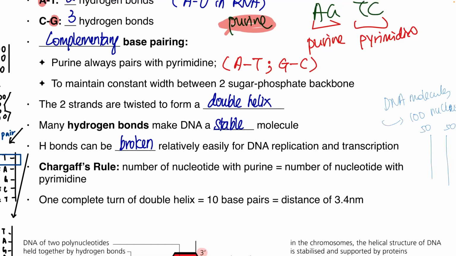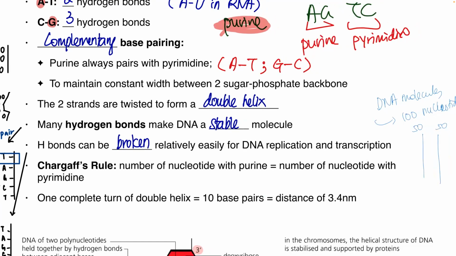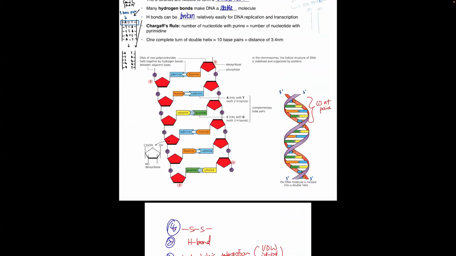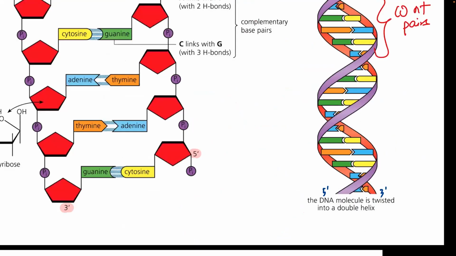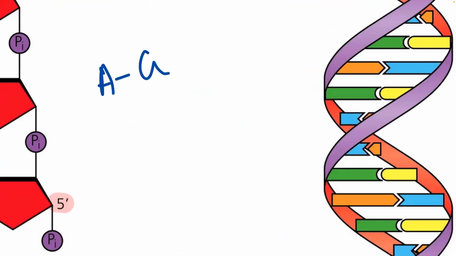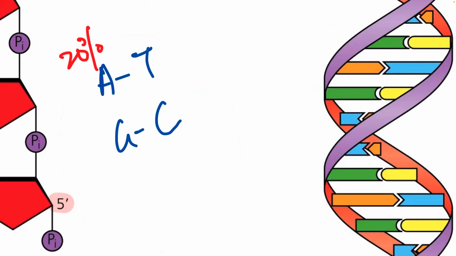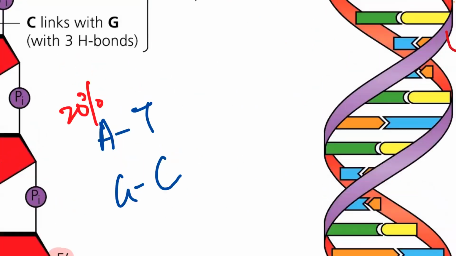So Chargaff's rule basically means the number of nucleotides with purine equals the number of nucleotides with pyrimidine. What it means, for example: A is always paired with T, G is always paired with C. Let's say in a DNA molecule you have 20% of A, how many percent of T do you expect to get?